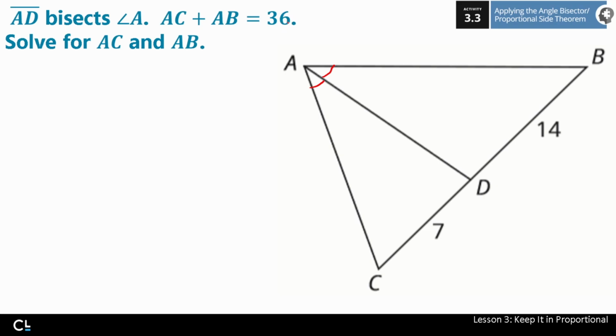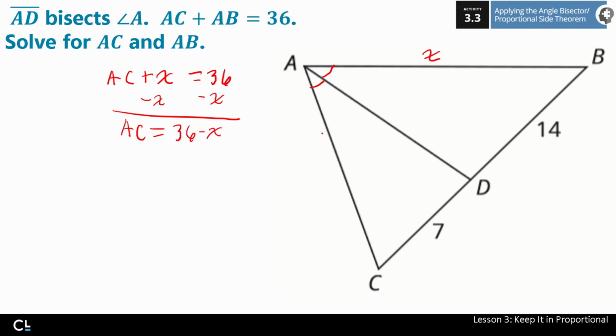What we're going to have to do is something like this. I'm going to say AB equals X, right? And then what we could do here is we could say that AC plus X equals 36. So in order to figure out what AC is, what we could do is we could then say minus X on both sides. And we get AC equals 36 minus X. So this side here will be 36 minus X. Awesome.